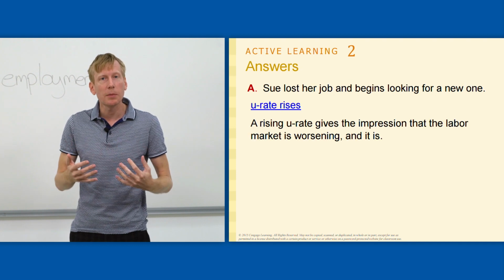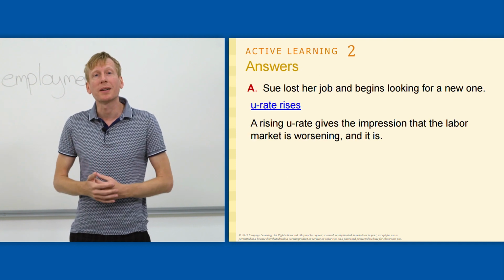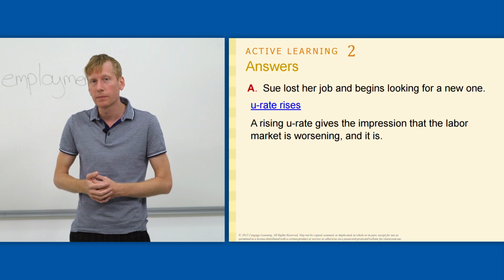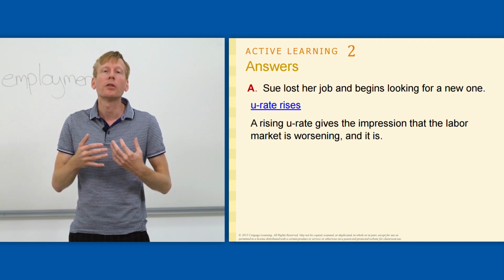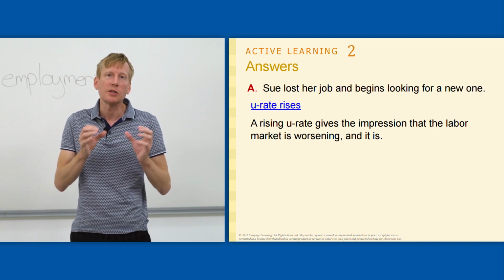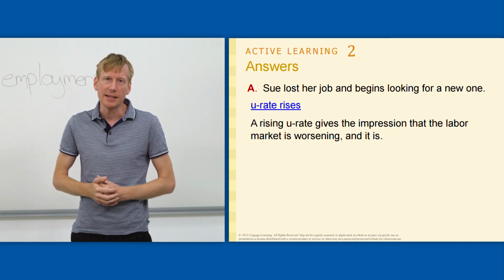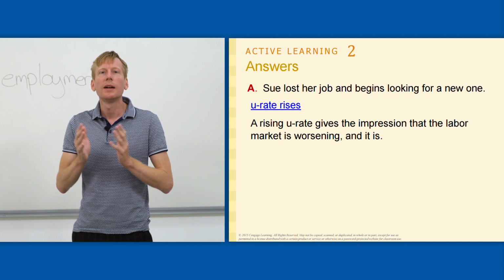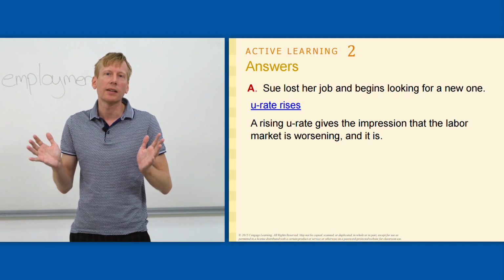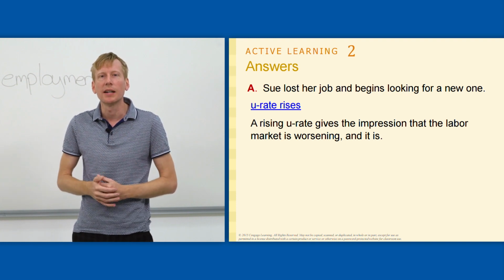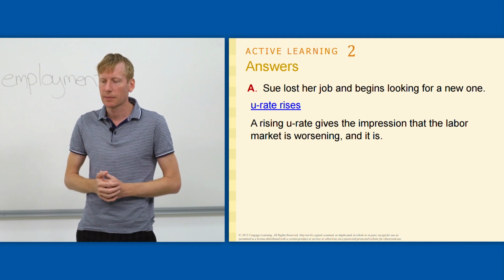She remains in the labor force, so our labor force participation rate doesn't change, but our unemployment rate, the unemployed population as a percentage of the total labor force, rises. That's what the unemployment rate that we're calculating based on Bureau of Labor Statistics data is intended to capture.